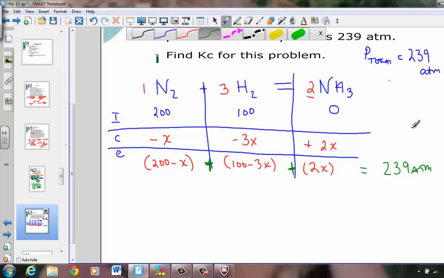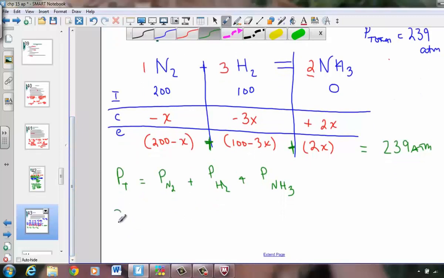We learned this in our gas laws as Dalton's law of partial pressures, that the total pressure, I'm going to just use PT, is equal to the sum of the partial pressure of nitrogen plus the partial pressure of hydrogen plus the partial pressure of ammonia. We know the total pressure to be 239 atmospheres.